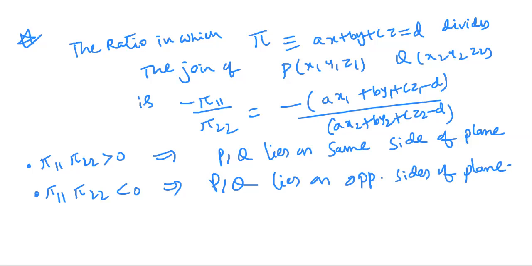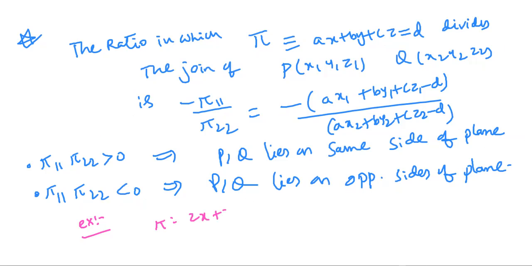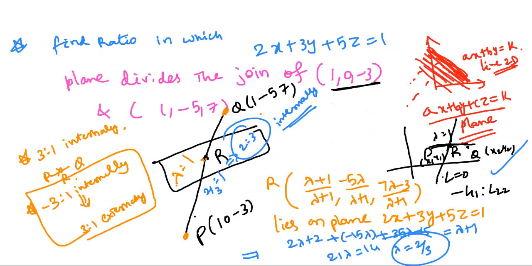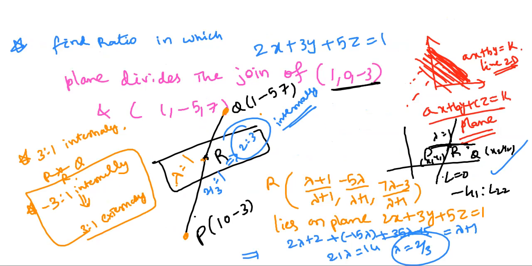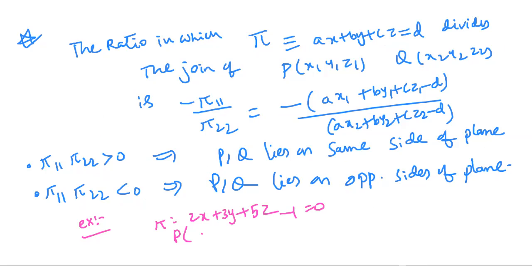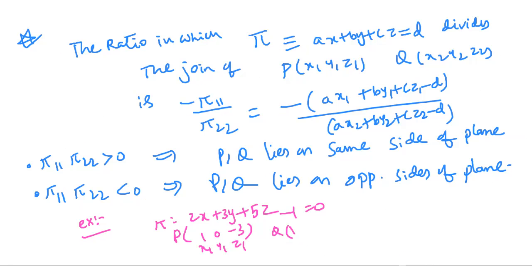Okay. So for example, if you want to apply this in the previous case, the plane given was 2x plus 3y plus 5z minus 1 equal to 0, and the first point given was (1, 0, minus 3), x1 y1 z1. Second point given was (1, minus 5, 7), x2 y2 z2.